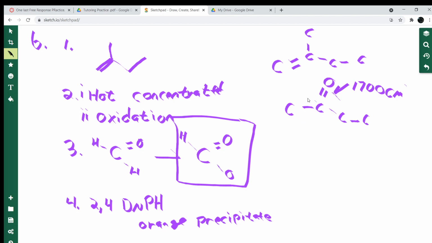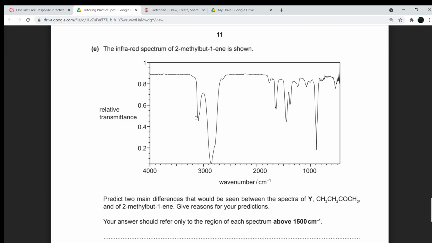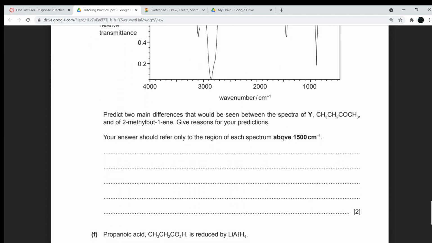The other thing that we know is that we're going to have some weird stretching with the hydrogens here. So we can state that there's going to be some weird stretching of the hydrogens in the ethene that won't show up in the methylbutene.